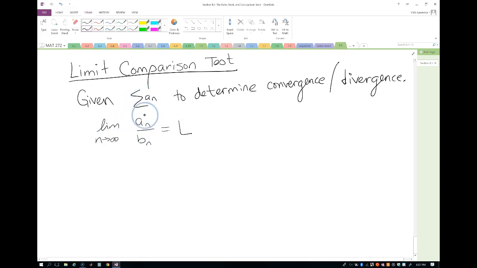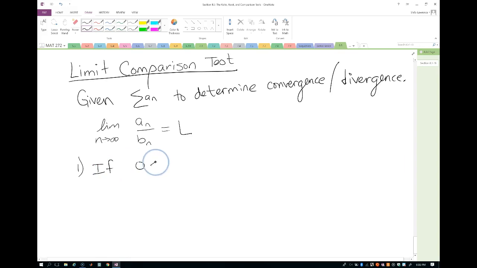So we need our b sub n to look similar to a sub n so that this limit is not too difficult to calculate, but b sub n also needs to be something that we can easily determine the convergence or divergence for. So like a very straightforward divergence test problem, or geometric series, or p-series, or integral test problem.